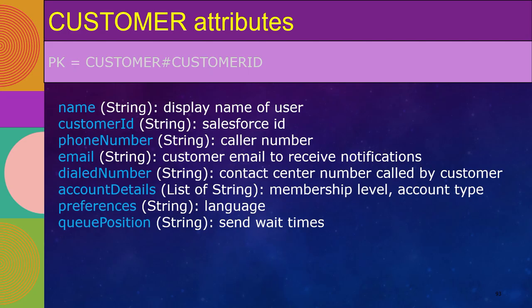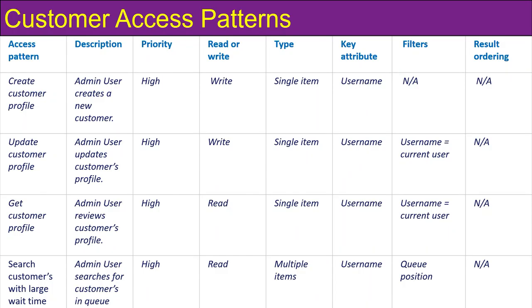I calculate the wait time and send them a message with it, either through a workflow or through a chatbot or whatever it may be. But once again, this is brainstorming, trying to figure out what my customer attributes are and what my access patterns are. So I'm just listing a couple of access patterns here.